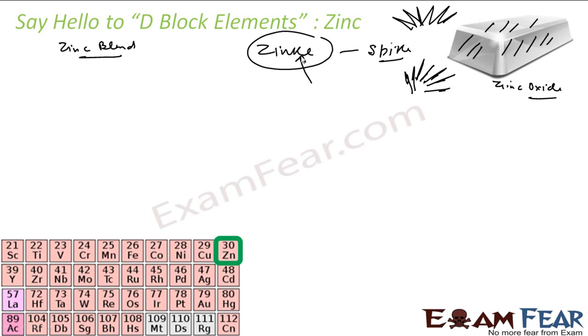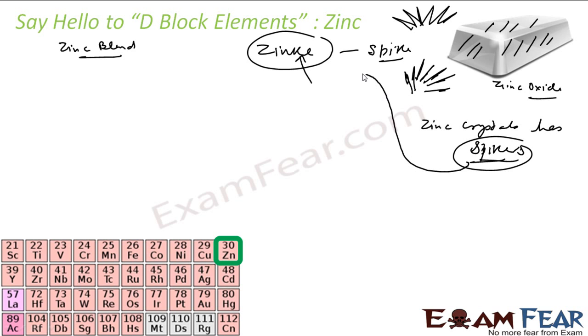Zinke is a German word which means spike, right? So the zinc crystals actually have spikes, and that's how this name zinc came.